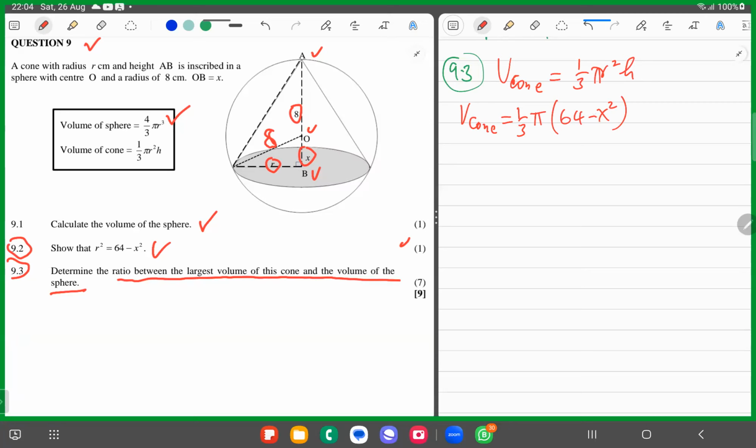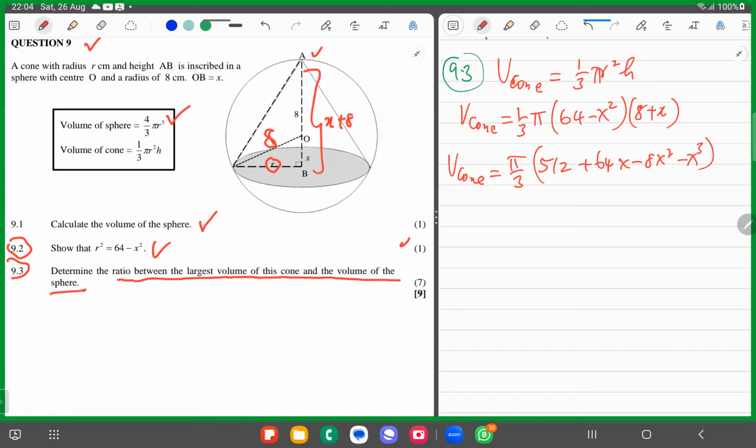The height of the cone is exactly x plus 8. So the volume of the cone is pi over 3. You open the brackets, you distribute, so it's 512 plus 64x minus 8x squared minus x cubed.